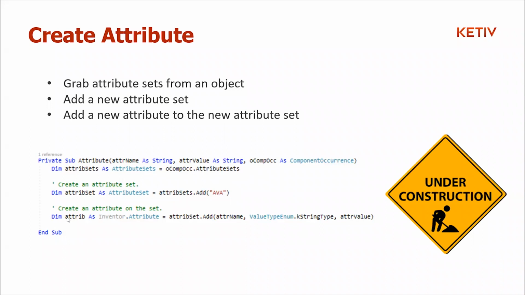And then we're going to add an actual attribute here. And so we give it a name that we passed in. You'll see that we're doing a string type here, and then an attribute value. So whatever value we're passing into this function. And you'll see that in action as we go along.